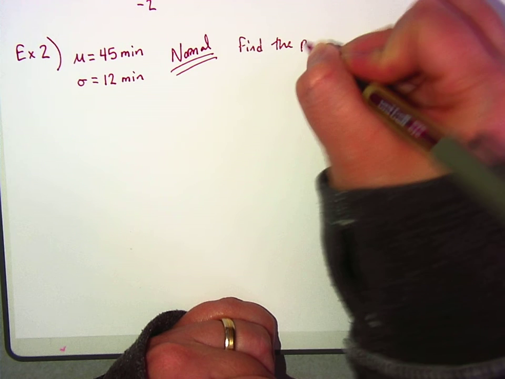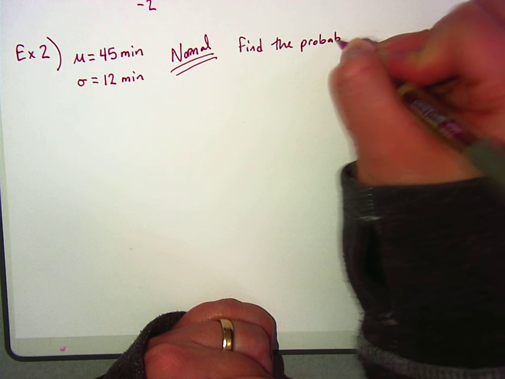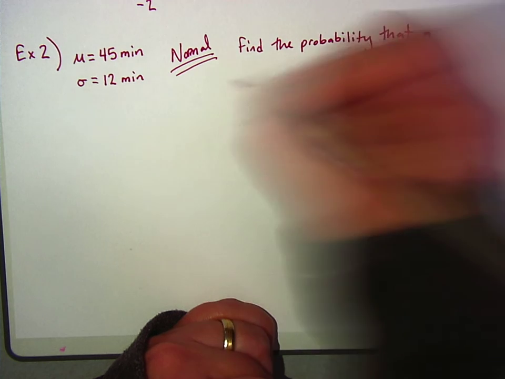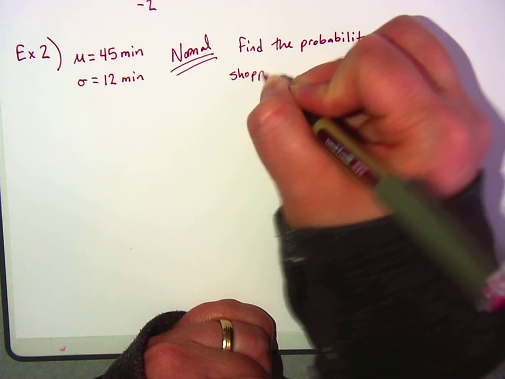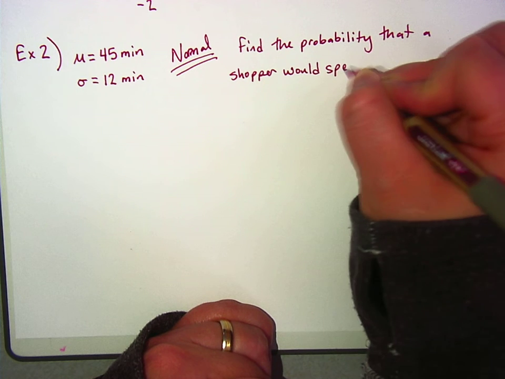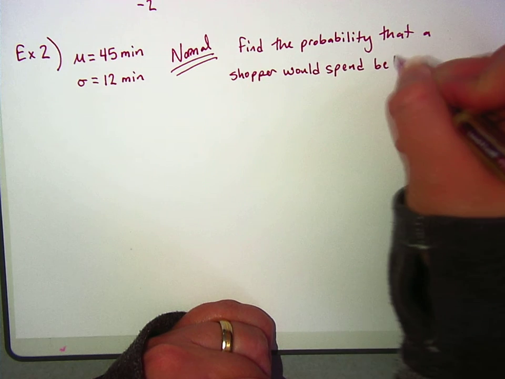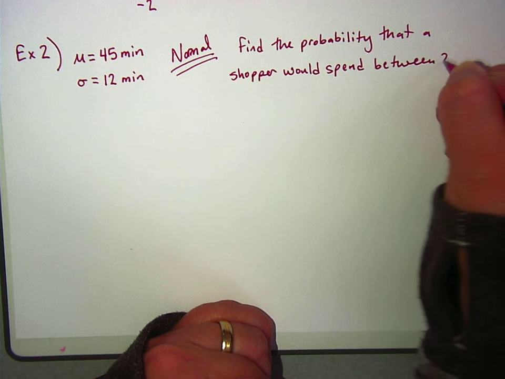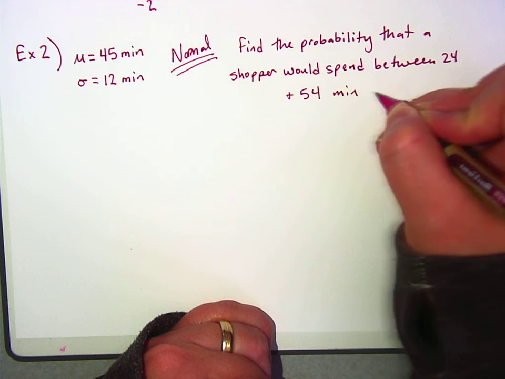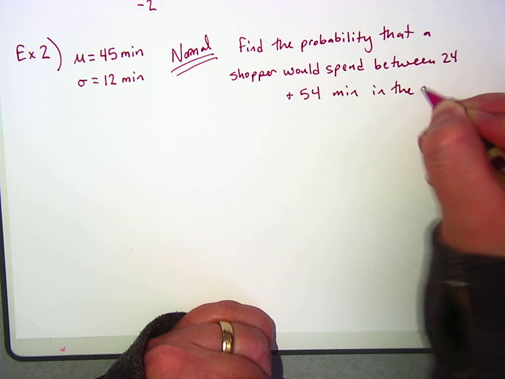Find the probability that a shopper would spend between 24 and 54 minutes in the grocery store.